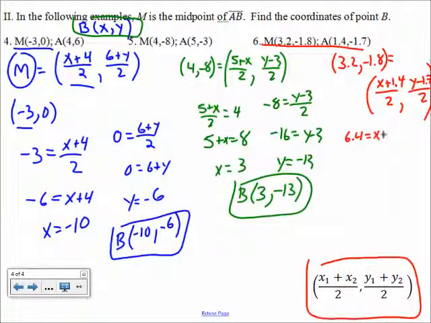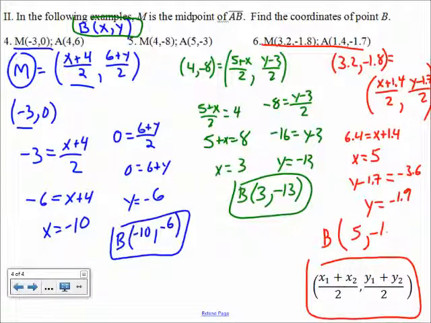Which tells me that 6.4 equals x plus 1.4, so that x is 5. For y, y minus 1.7 would equal -3.6, which tells me that y equals -1.9. So my coordinates for point B are 5, -1.9.